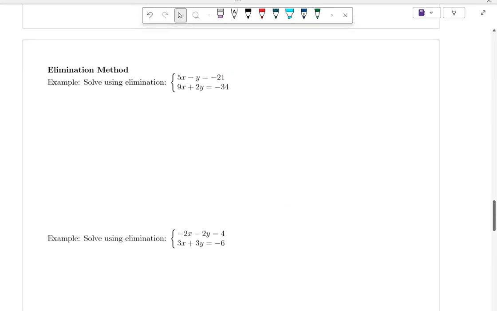Alrighty, next we're going to go to elimination. And this is another way that we can solve. So actually, I'll leave this up here. All right, elimination. We got 3 steps again that we can use. The first one is adjust the coefficients.